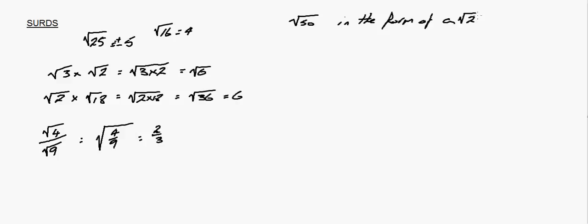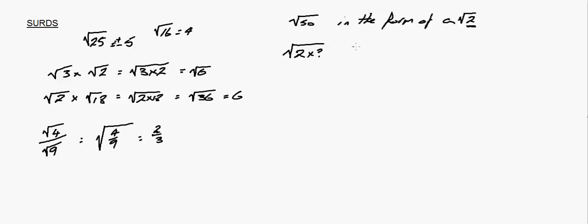So we don't know the root of 50. I know it's 7 and a bit, but I don't know exactly what it is. What I do know is that this is going to help me find this, because when I convert this to this form, I'm going to be left with root 2. So root 2 multiplied by something will give me 50.